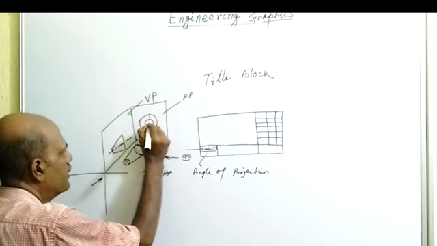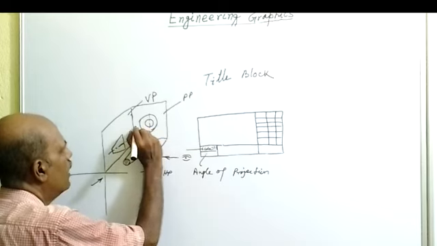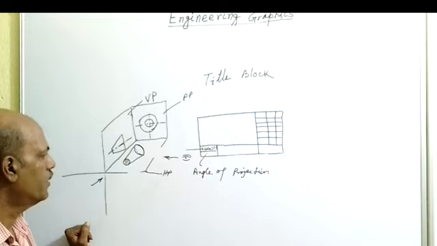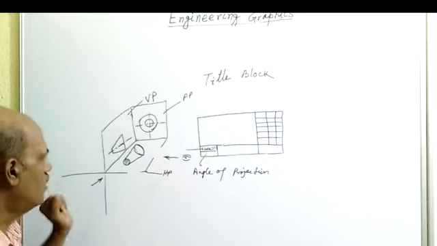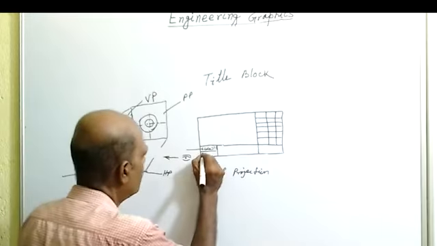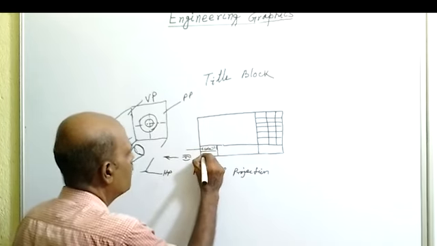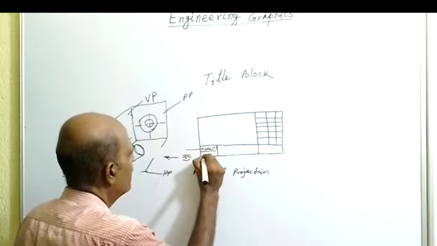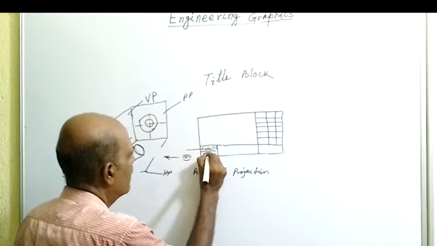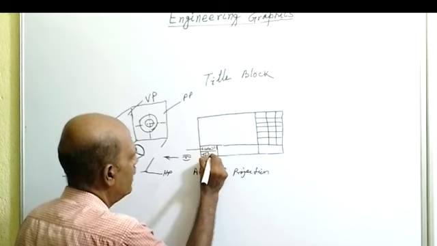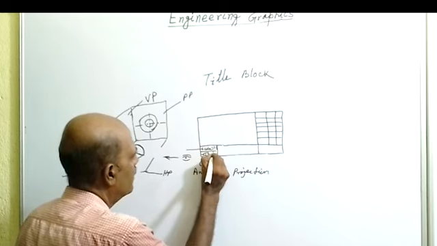As it is a circle, we have to put the center line from both sides. So we have to place here this symbol of angle of projection. It will be like this. Say this is your center line and this is the center line.